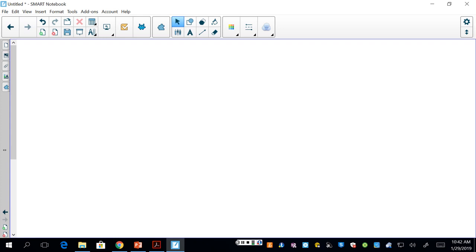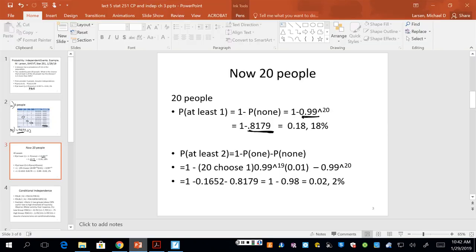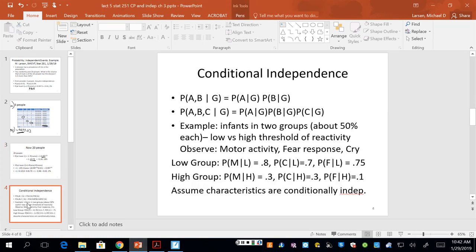Okay. So anyway, that's this type of problem. There are other forms of independence that are sometimes interesting to use. Sometimes, given some information, or within a group, different factors are independent of one another.